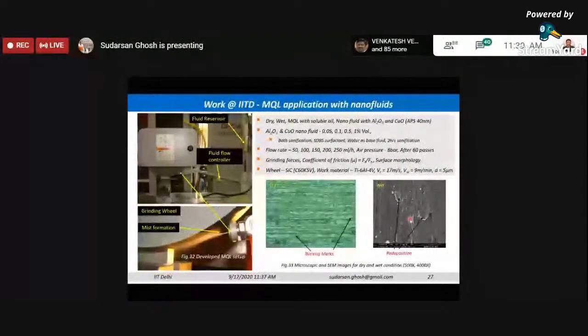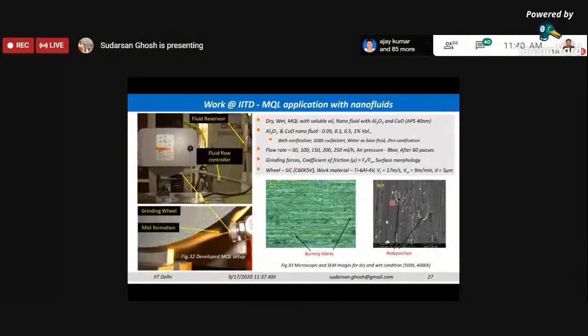So this should also be avoided. The wet condition is giving this redeposition phenomenon. Of course, the wet condition has been able to minimize the burning process, that means temperature can be controlled, but the redeposition phenomenon is occurring there. So this needs to be controlled again.